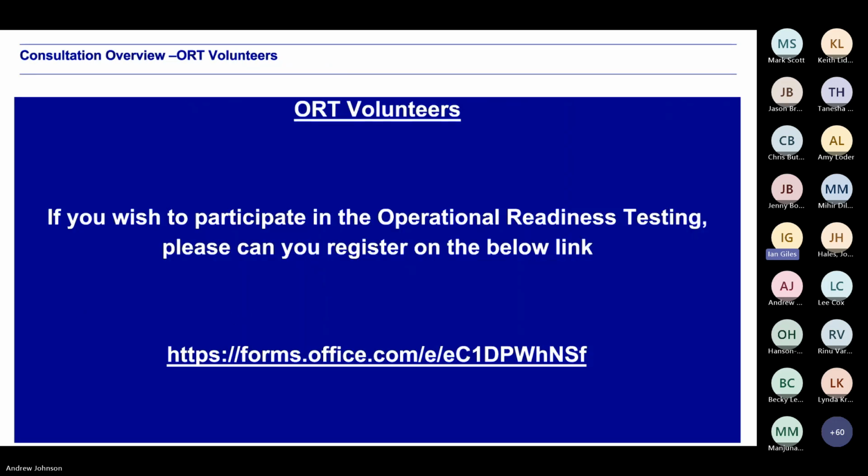So this is the link for the form that we've put together for any ORT volunteers. This is open to anybody who wishes to participate as part of this testing. We'll share this pack out at the end of this call. Also, we do have a slido tour rig that has this form as well. So if you wish to volunteer to be part of ORT, that'd be great.